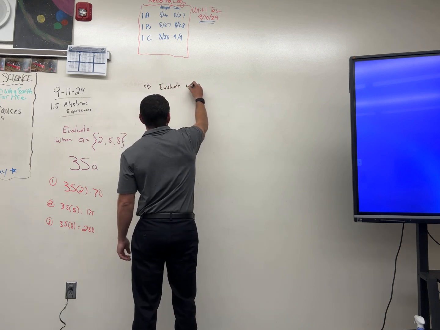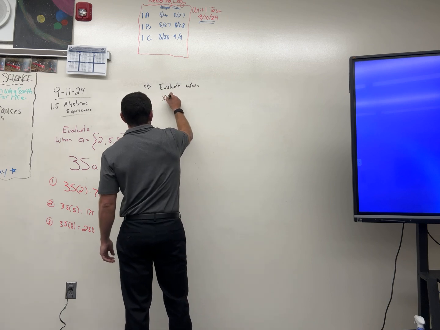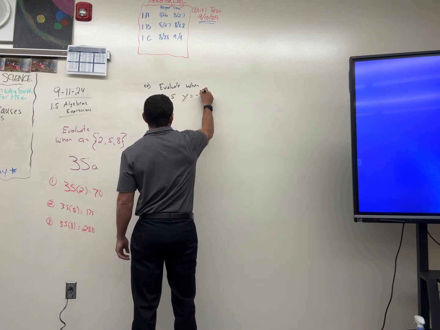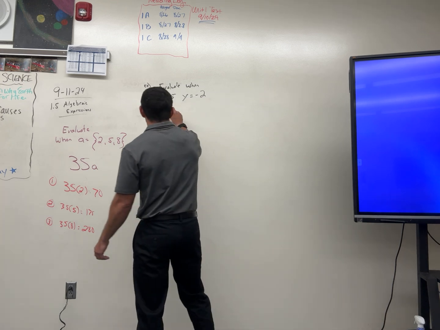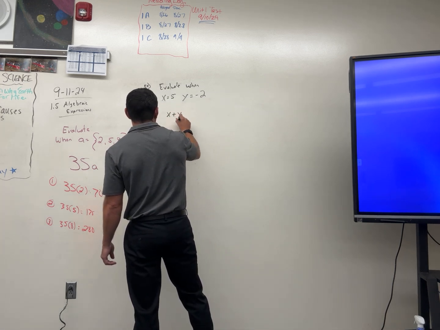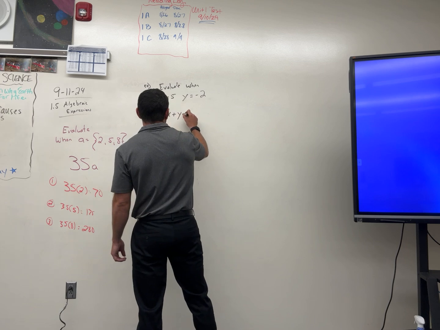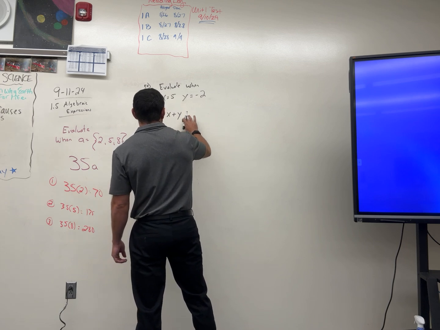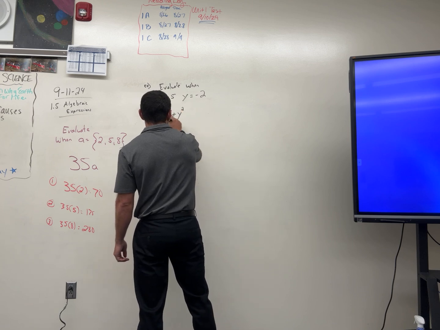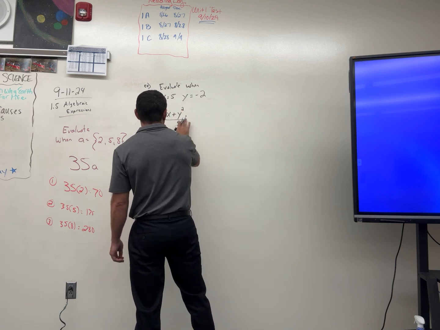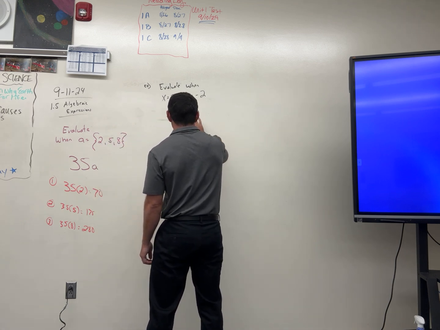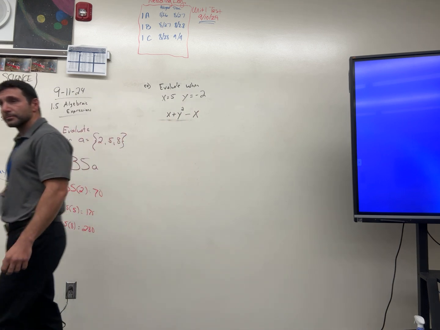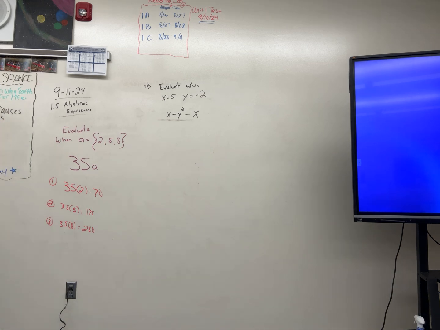Evaluate when x equals 5, y equals -2. x plus y squared minus x.